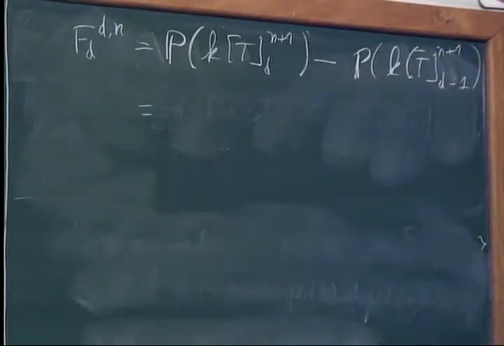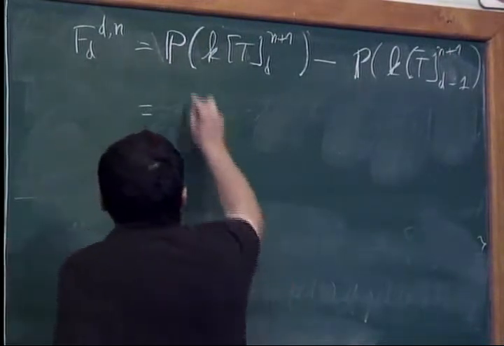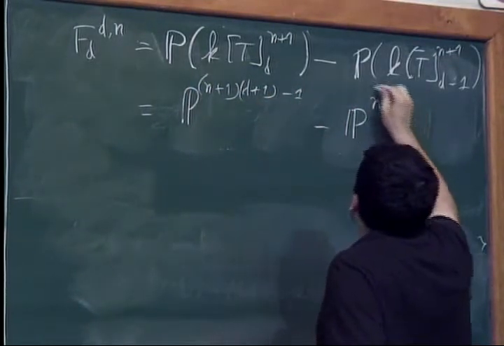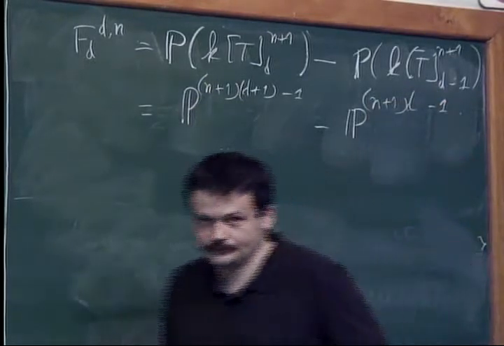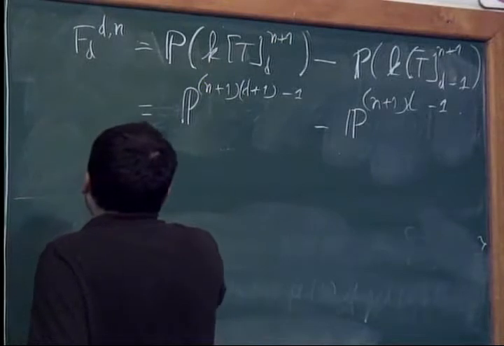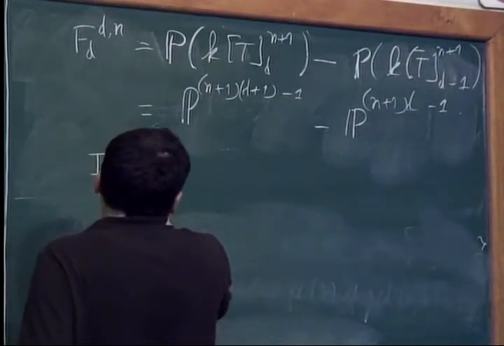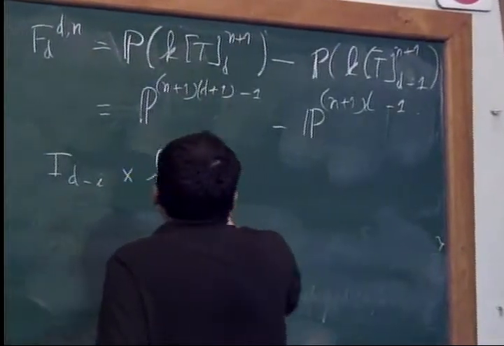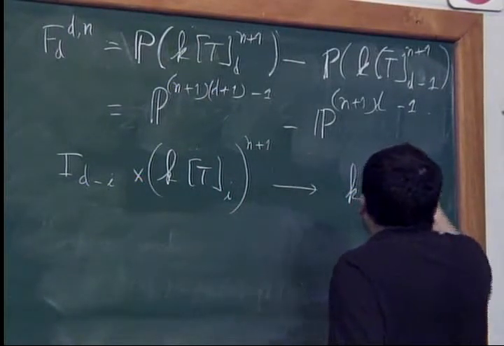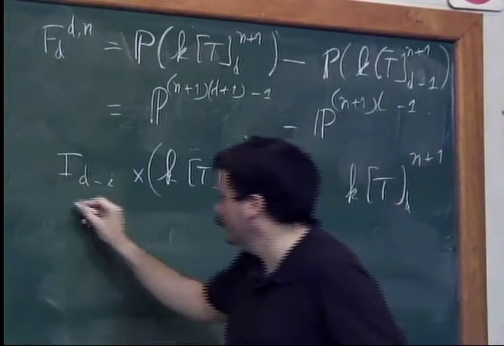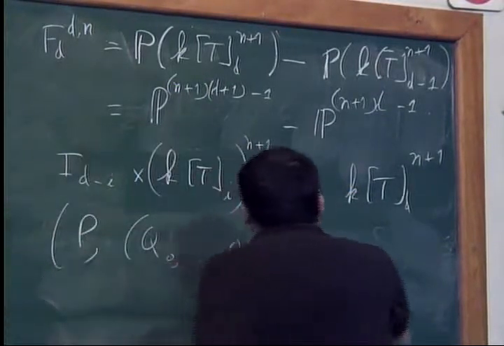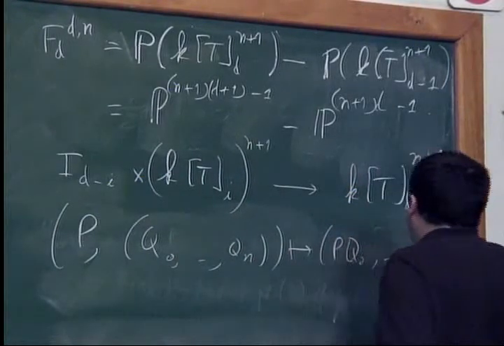So this is exactly the difference of projective spaces I wrote here. So this is P^((n+1)(d+1)-1) minus P^((n+1)d-1). Okay, so I get the first one. And then the map which goes from I_{d-i} times the polynomials of degree less than i to the power n plus 1 into the polynomials of degree less than d to the power n plus 1, which sends simply some polynomials P times Q_0, ..., Q_n onto PQ_0, ..., PQ_n.